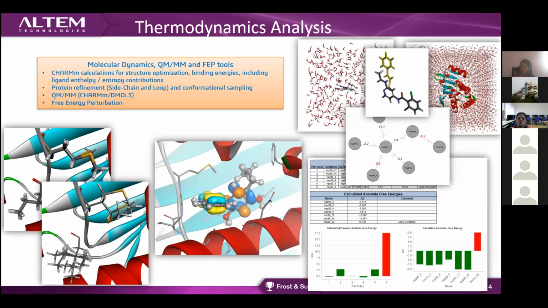So the compound has been fit into the protein molecule and it has been run in the simulation box. Once the simulation has been done, you will get the trajectory files, and after getting the trajectory files, you will analyze those results. So that is what is there in the thermodynamics analysis. So these are the calculated free energy as well as calculated absolute free energy for the thermodynamics approaches.